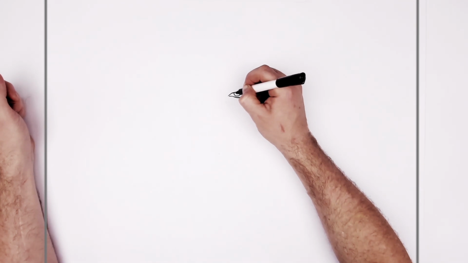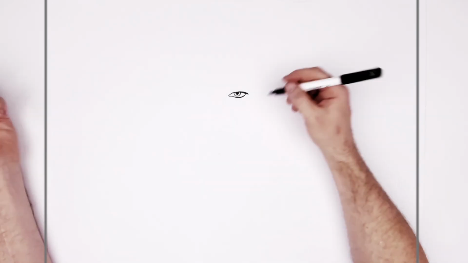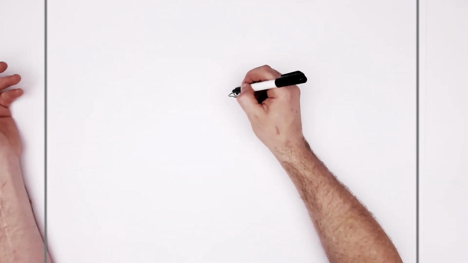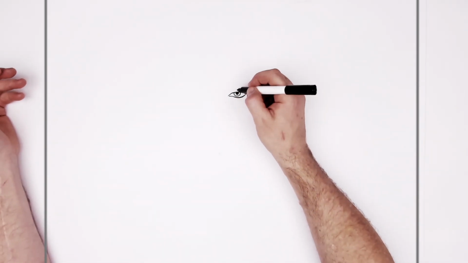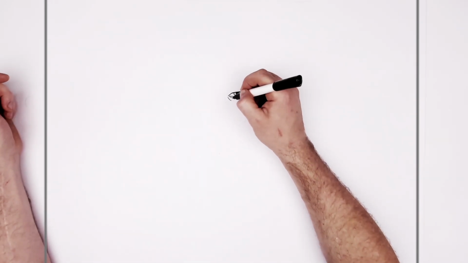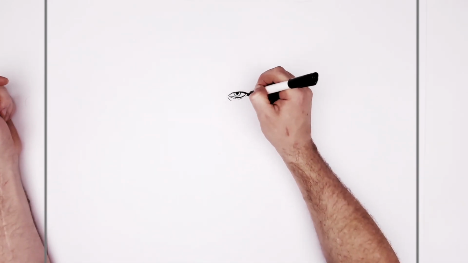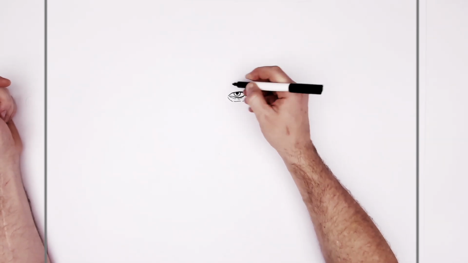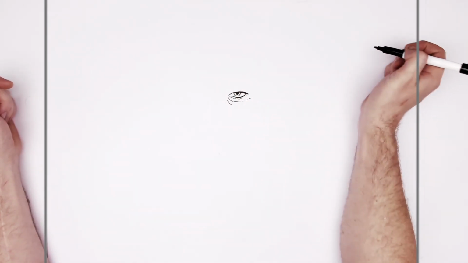And his pupil. That way. It looks like he has bags underneath his eyes. Kind of like tired. Right, kind of like that.